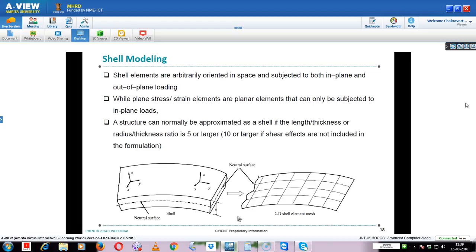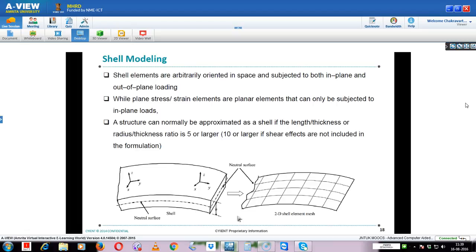But in plane elements, if you take this model, a plate with core loads, we can apply only in-plane loads.